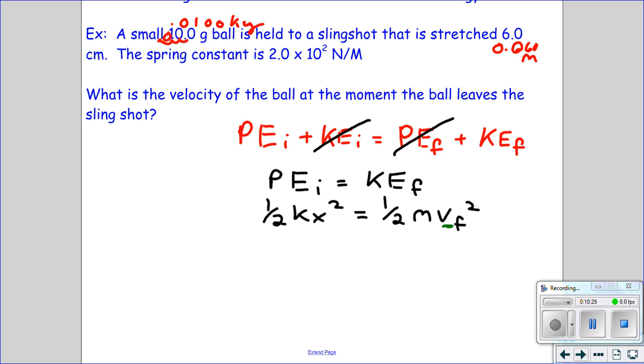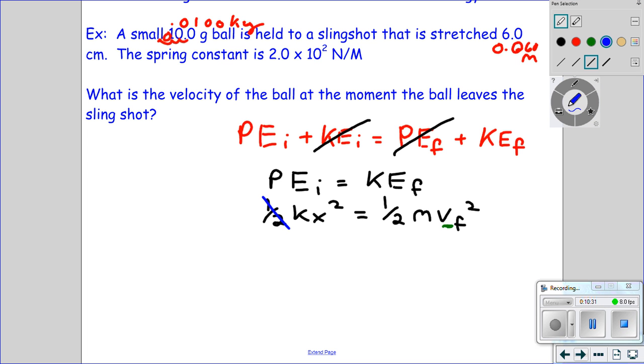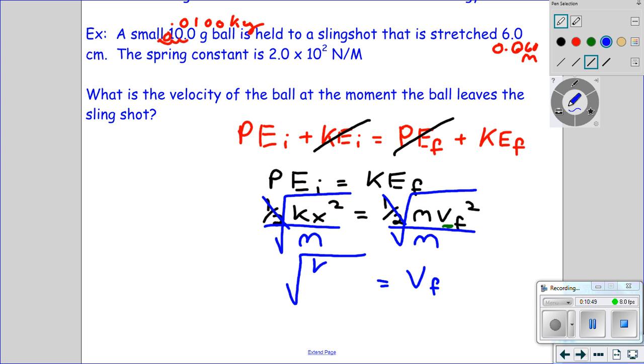I see I can cancel out the halves on both sides. I can divide both sides by mass, and then I can finally square root, and this will leave me with final velocity is equal to the square root of the spring constant times how much it's stretched squared divided by the mass of the ball.